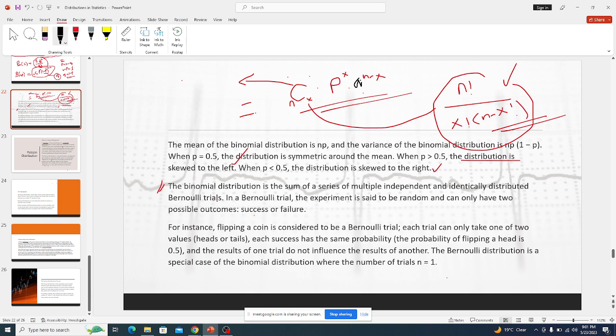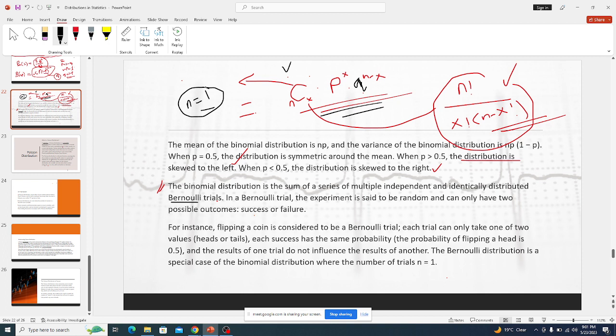Then let's now go to Bernoulli. Take note of this, because the Bernoulli distribution is a special case of the binomial distribution, where n is equal to 1. When n is equal to 1, when we make only one trial and then finish our experiment, that will be termed as a binary experiment.